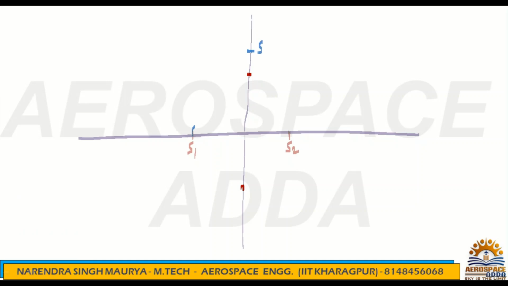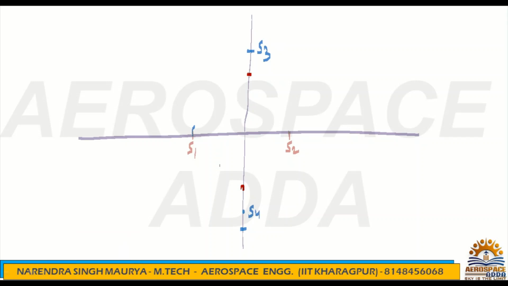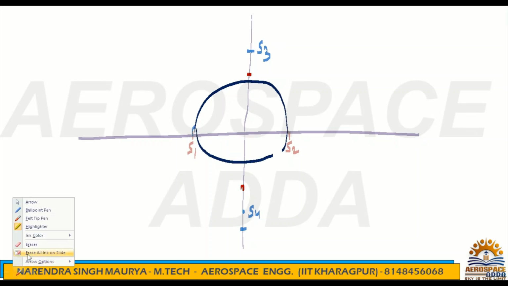I can give S3 here and S4, not here, here S4. Right. So roughly, I'm just drawing there. You try to connect it. Because of S1 and S2, the circle will be something like this.